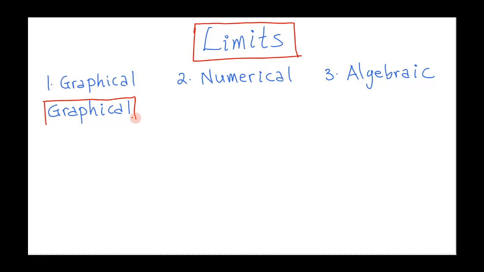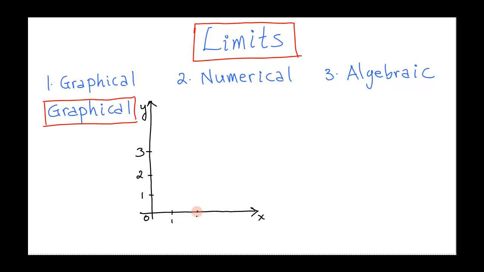For this purpose, let us consider the following graph. So let this be the y-axis and this be the x-axis. And this is the origin. This is 1, 2, 3, 1, 3.